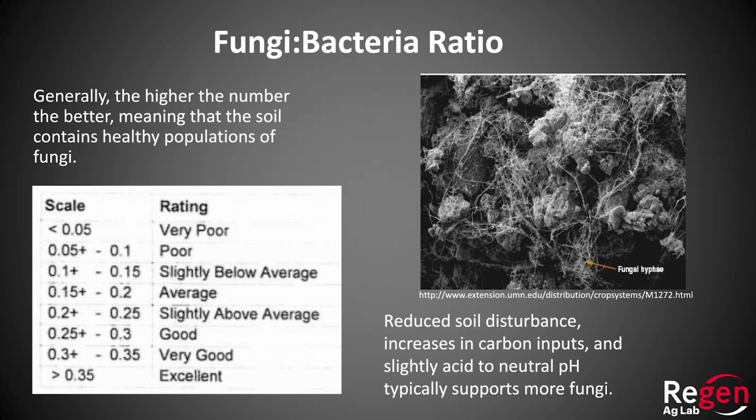So it's not even a fair comparison, pound for pound. So the way we do this is we skewed this report, or this ranking table. So that's the reason why we say good and very good are at 0.3, and not 1-to-1. An average is kind of slightly bacterial dominated, and that's how we read that.